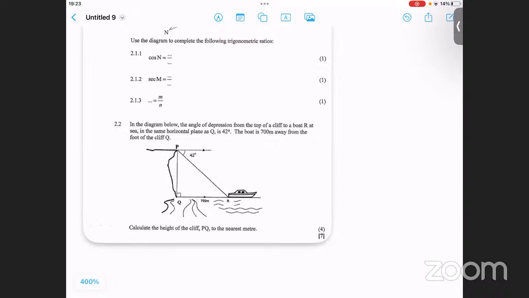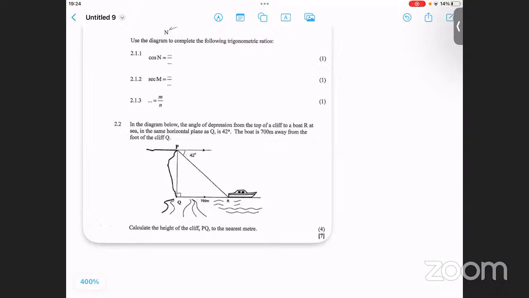The height. Okay. PQ is connected to which triangle? Sorry, sir, could you repeat again? So I was saying, PQ is connected to which triangle? So there's a right angled triangle at Q, sir. Yes.